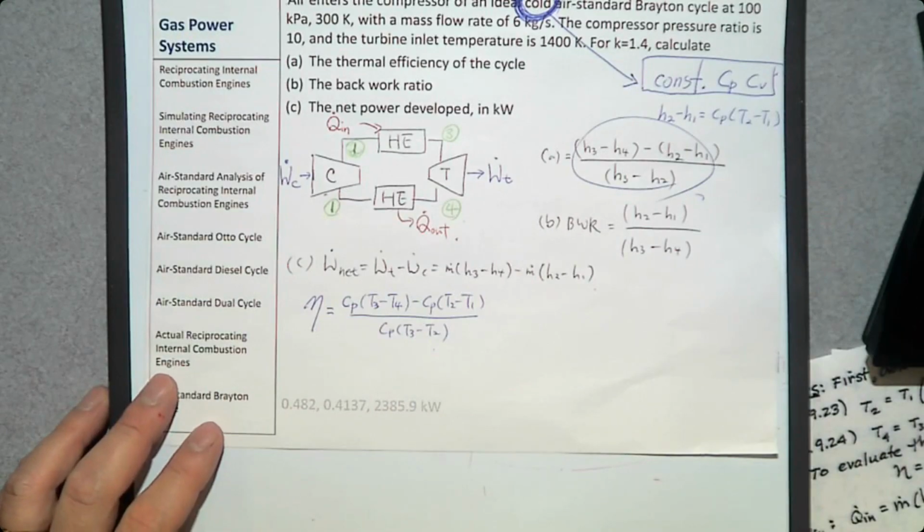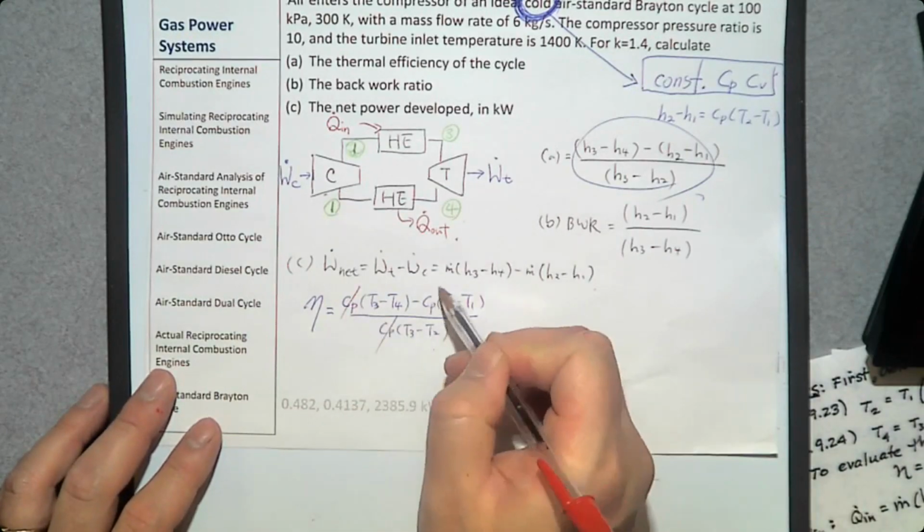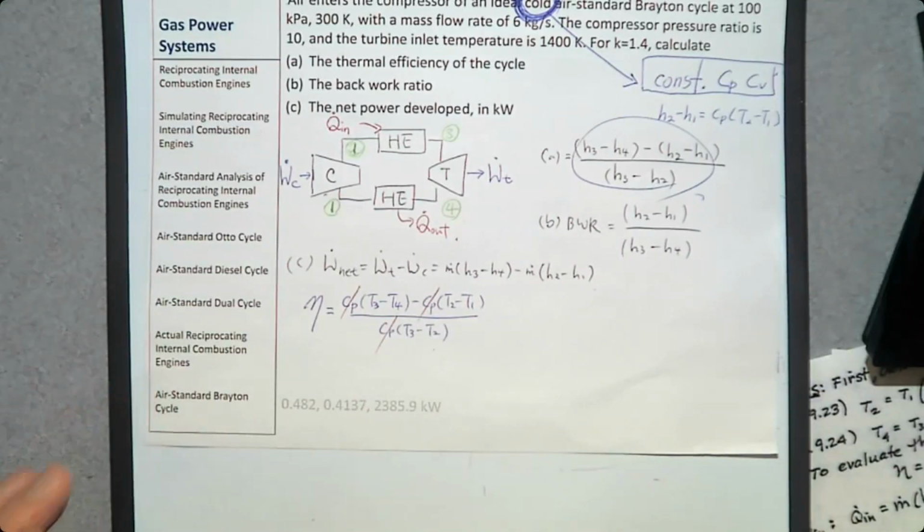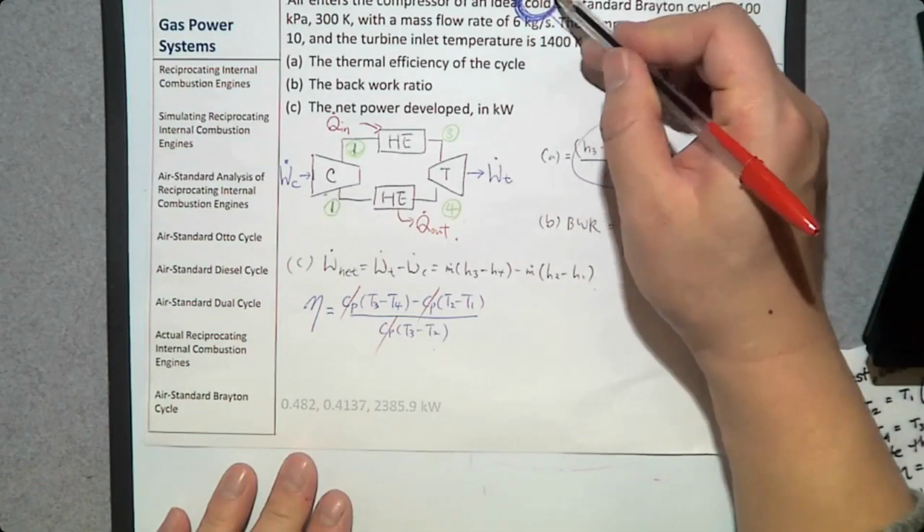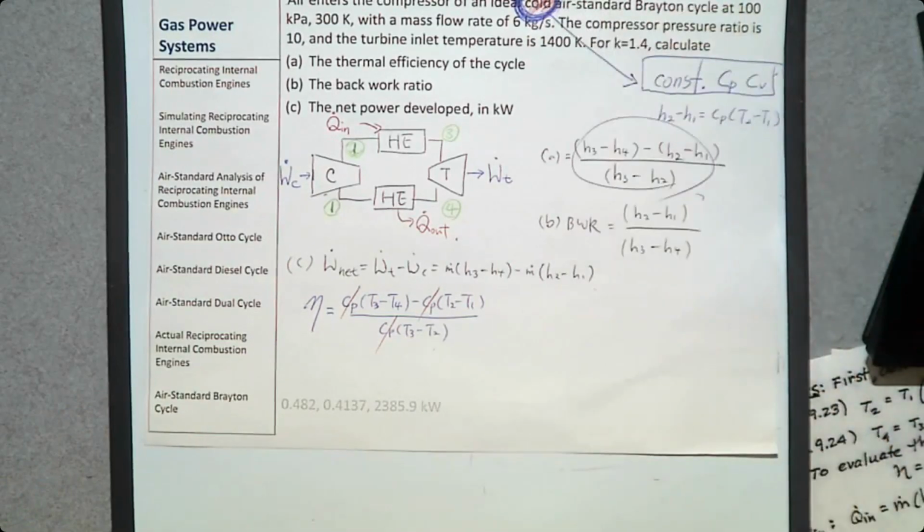Then what's going to happen? Cp cancels out. You just need to know the temperature at each state, then you can determine the thermal efficiency, because it's a cold air standard analysis.